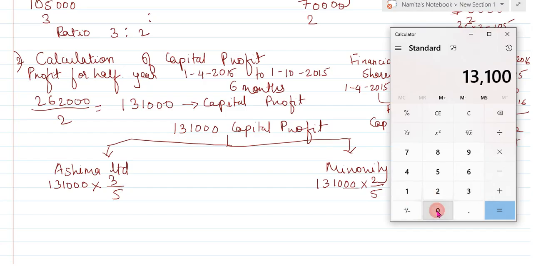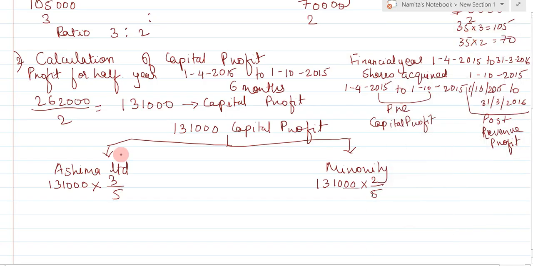1,31,000 multiplied by 3 divided by 5, we get 78,600. So this is the share of Anshima Limited in capital profit, 78,600, and the remaining will be minority.